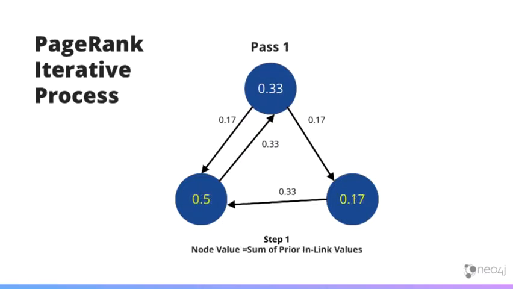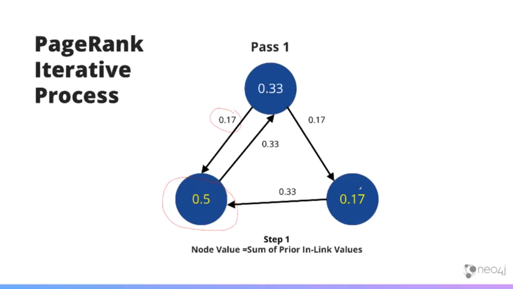It then goes through the first pass and makes an update at first to update the node value as the sum of the prior in-link values. So in this case, we can see in the lower left corner that node now gets an update of 0.5 because it has 2 in-links.